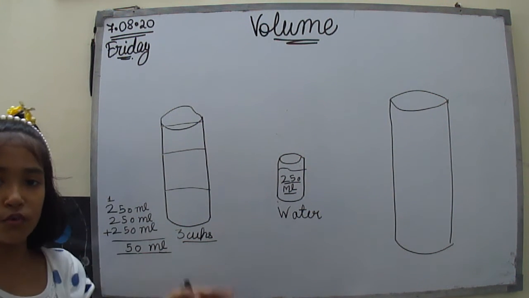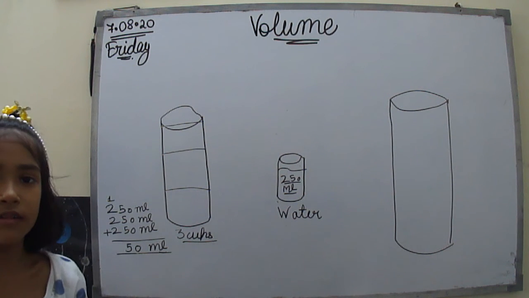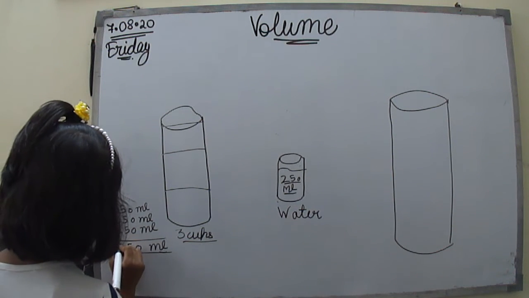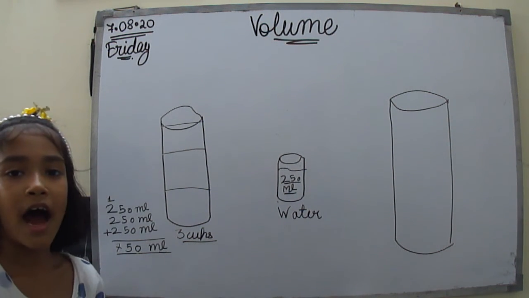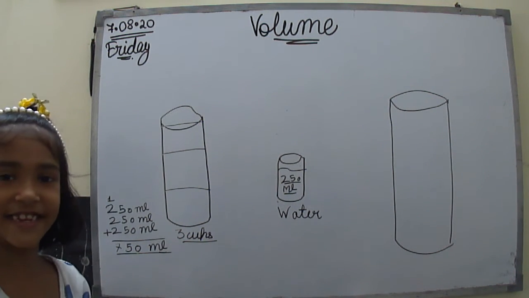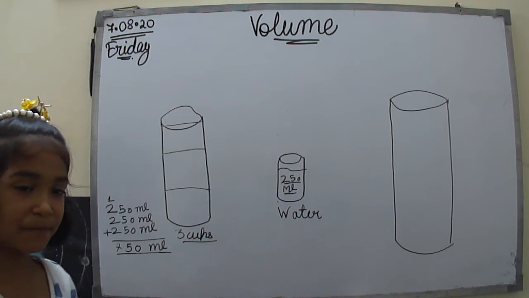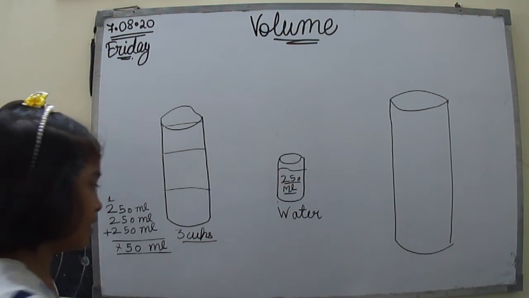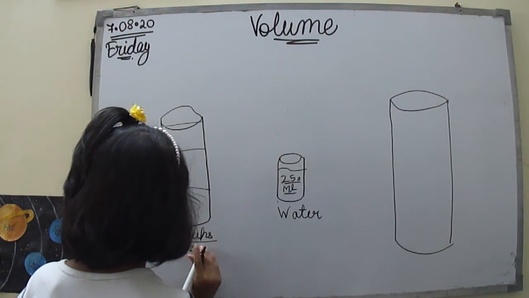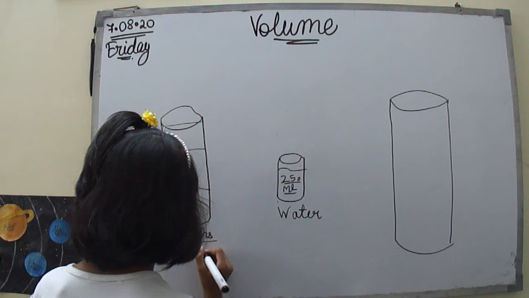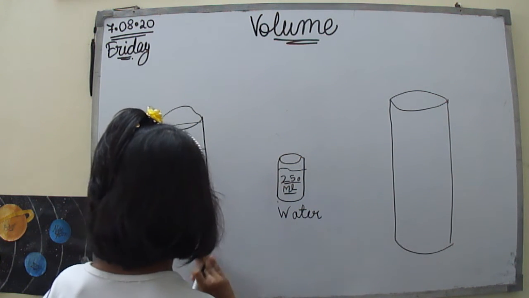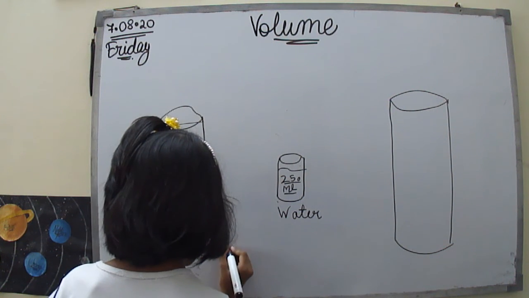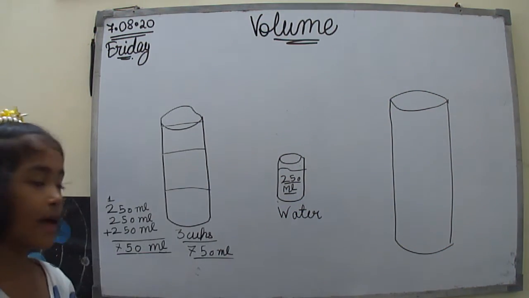Now 2 plus 2 plus 2, of course it is 6, and 6 plus 1 is 7. So we got the exact answer. The exact answer is 750 ml. It is of 750 ml.